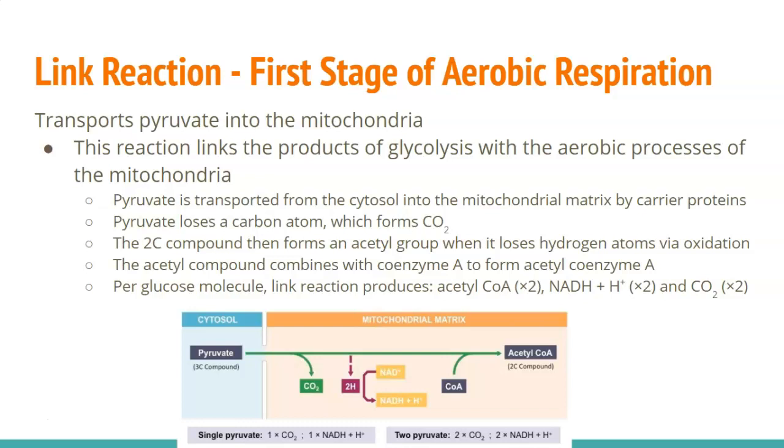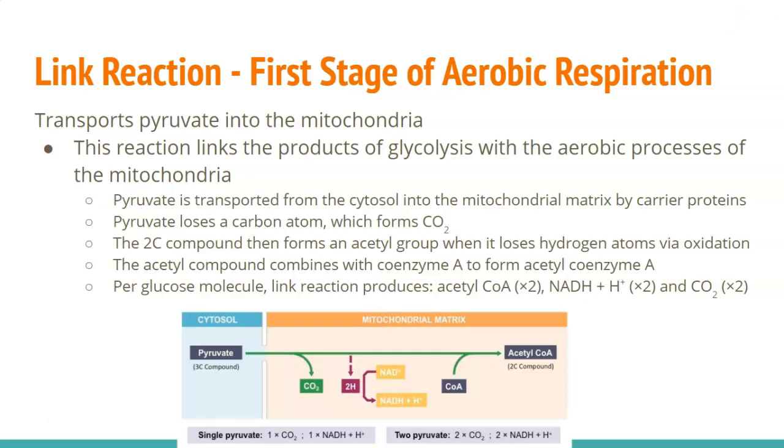That 2C compound forms what's called an acetyl group when it loses a hydrogen atom, and notice how you have an NAD turning into an NADH in the image below. And then that acetyl compound that you've created combines with a coenzyme, coenzyme A, and you end up with what's called acetyl coenzyme A, or acetyl-CoA.